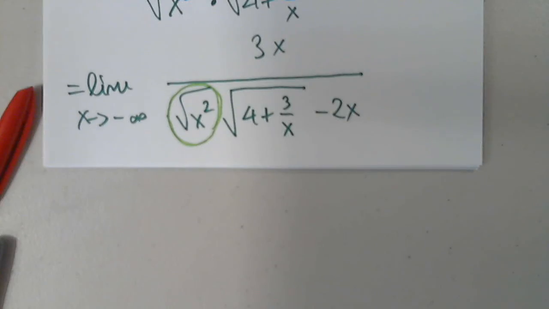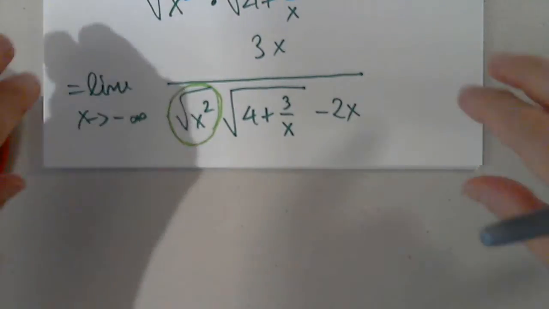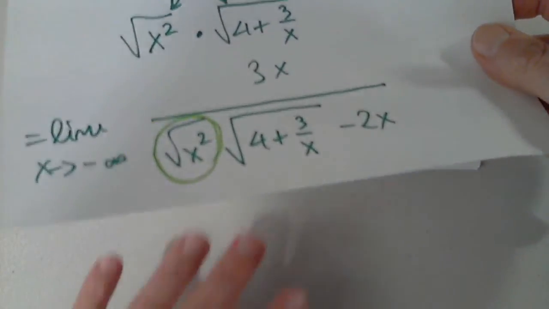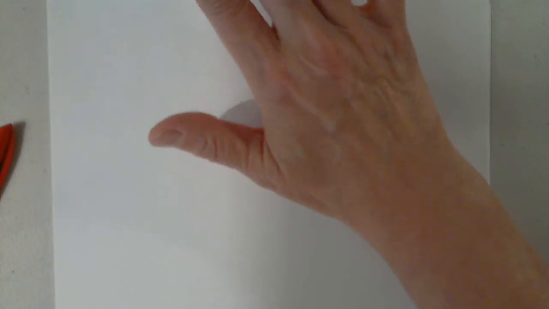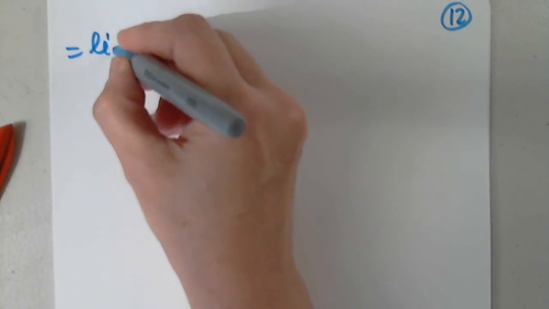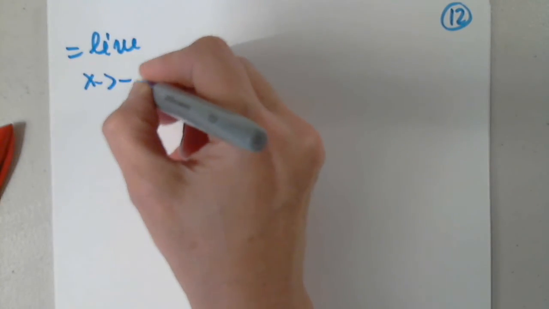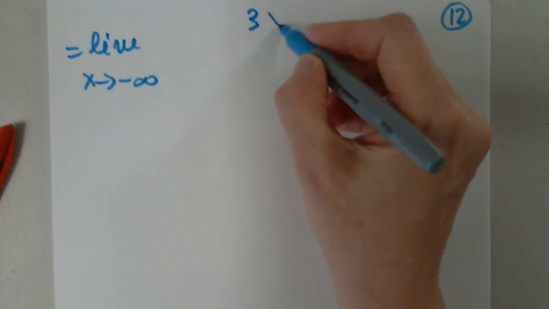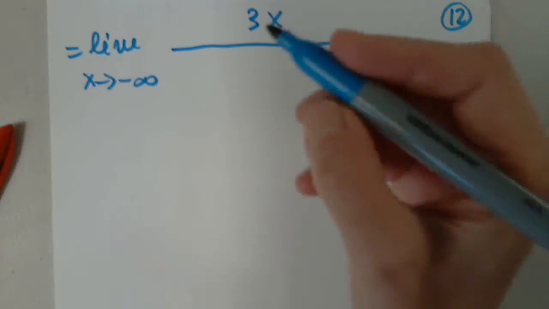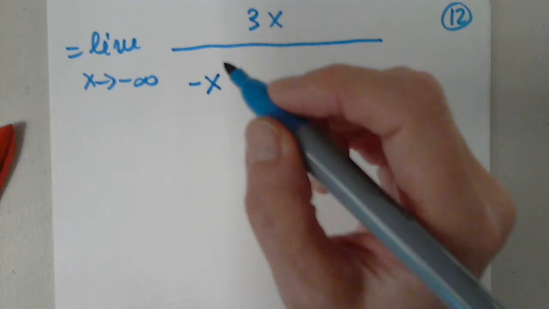I'm just replacing this by negative x. The numerator is 3x. The denominator is negative x.